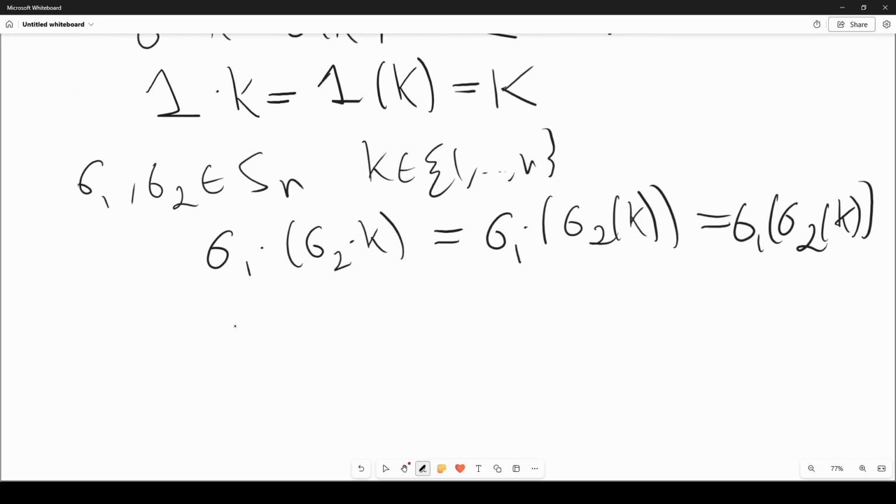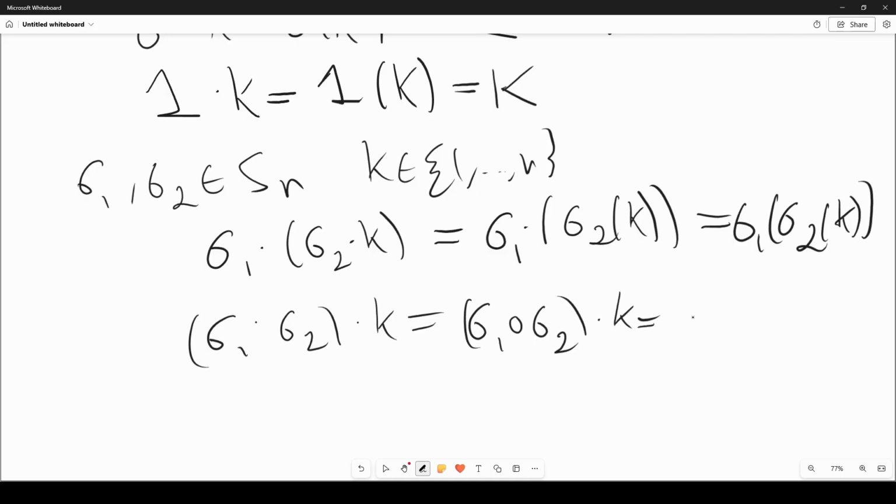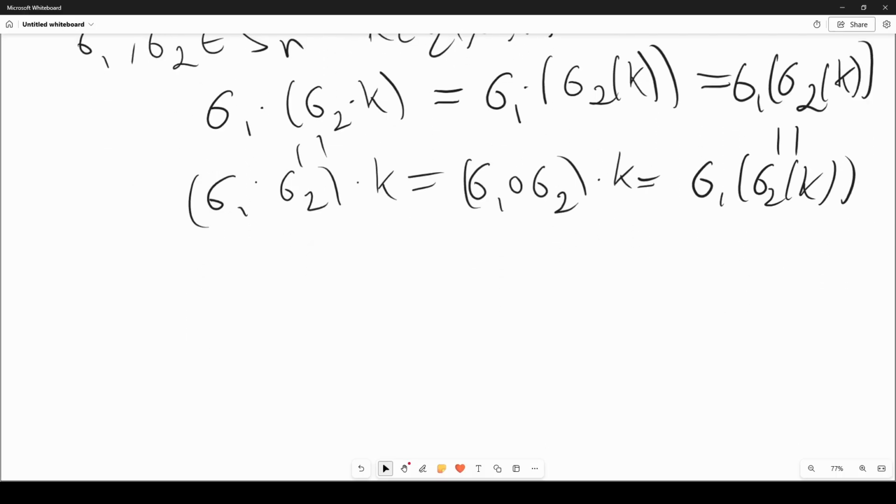But we also see that sigma 1 dotted sigma 2 acting on k is sigma 1 composed with sigma 2 dotting on k, which just equals the same thing, sigma 1 of sigma 2 of k. And so this then proves our other group action definition requirement. Okay, so we know this is a group action.